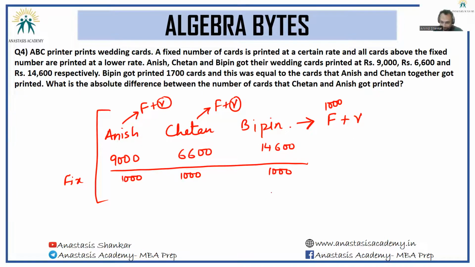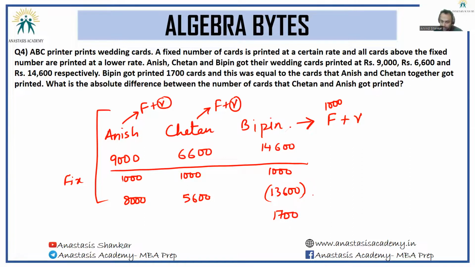For variable, Bipin has paid 13,600, Chetan has paid 5,600, and Anish has paid 8,000. Now, for 13,600 variable charge, he has gotten 1,700 cards.